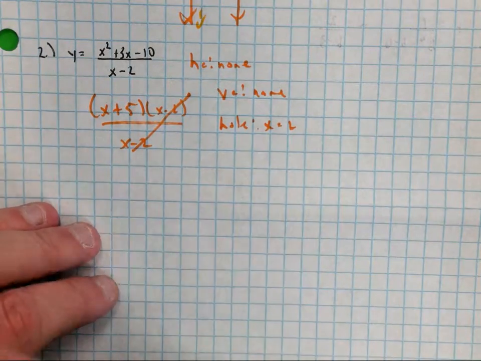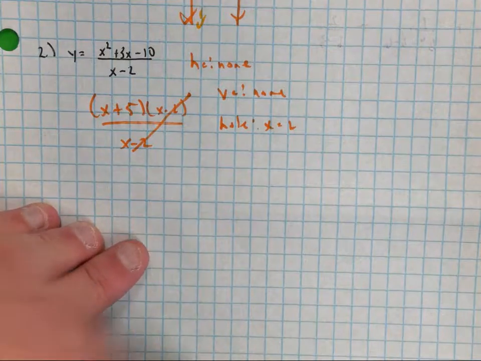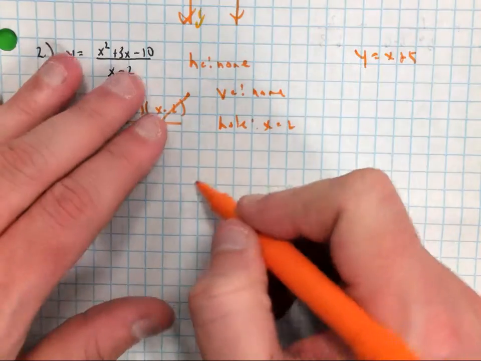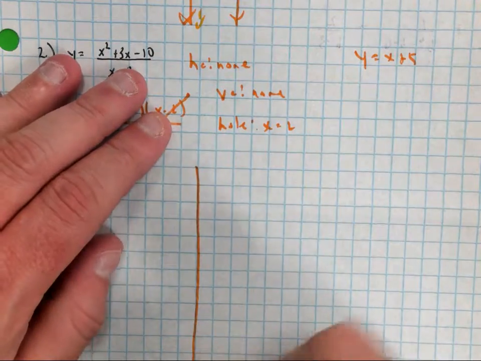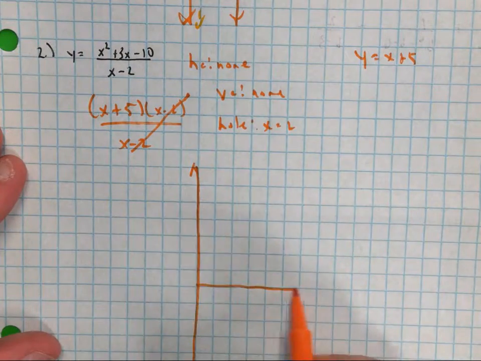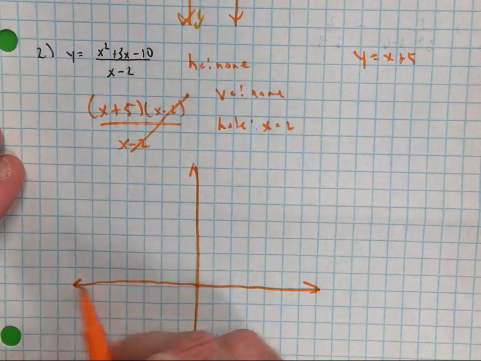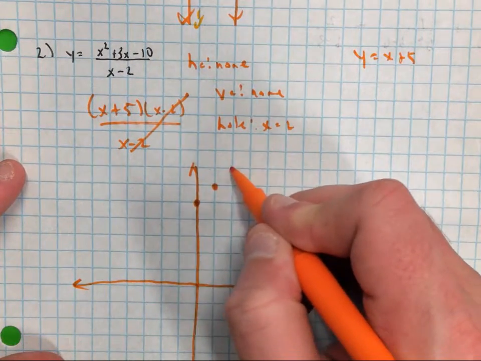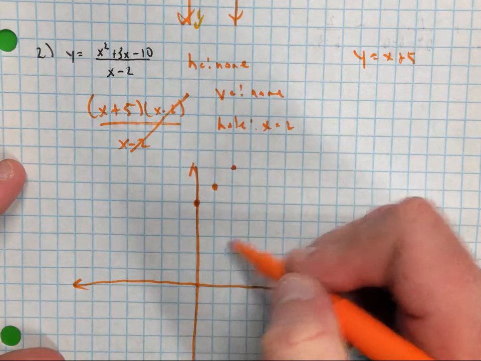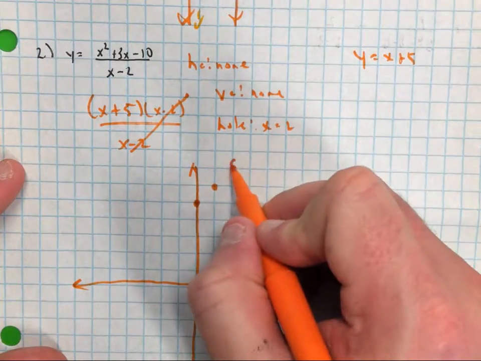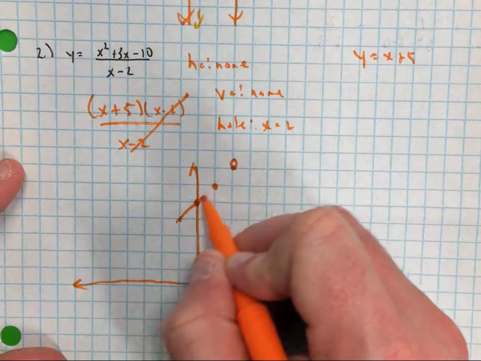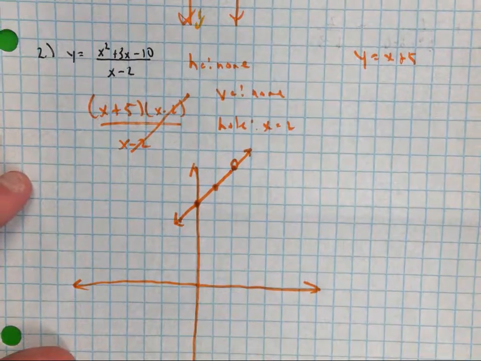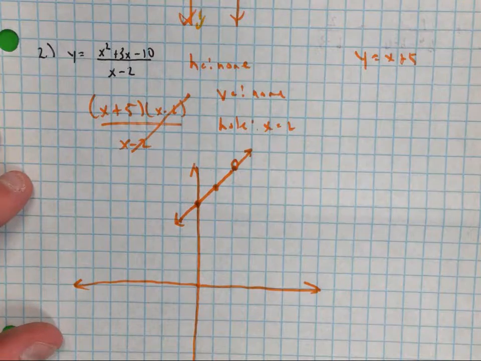So what do you end up just graphing here, guys? Straight line, x plus 5. So you would just graph y equals x plus 5. One, 2, 3, 4, 5. Go up 1 over 1, up 1 over 1. Oh, my hole is at x equals 2, so I'm going to make this a hole. And that's my graph. Are there any questions?